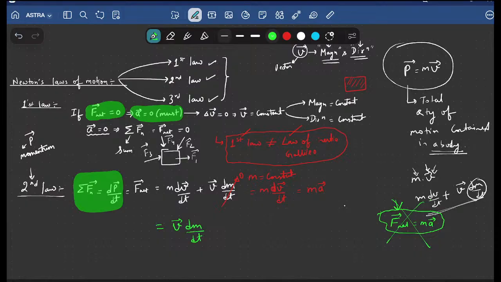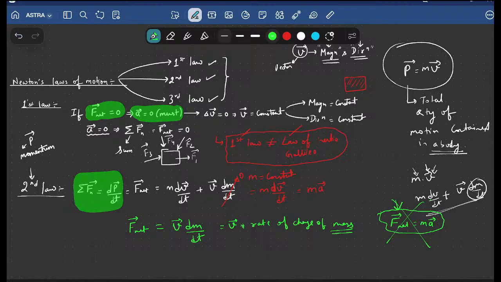So in this case, the definition of net force is different. It is some constant velocity into the rate of change of mass. So always remember, don't do rote learning. Always try to understand the concept.